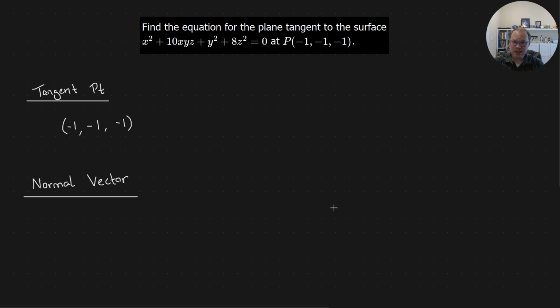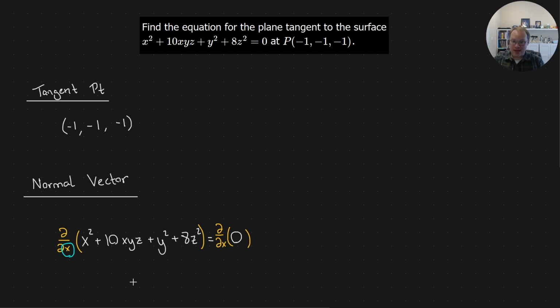So to do implicit differentiation, I'm going to take my equation, x squared plus 10xyz plus y squared plus 8z squared equals 0, and I'm going to differentiate both sides with respect to one of the variables, in this case x.